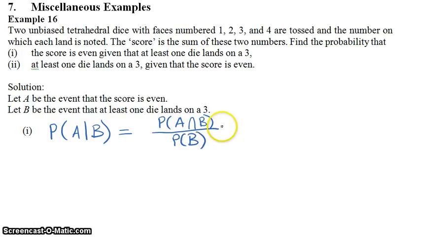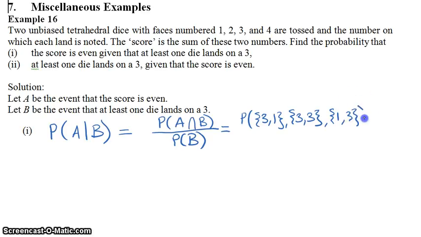So how do we calculate this? Well, the top line is going to be the probability that what happens? That we get either a 3 and a 1, or that we get a 3 and a 3, or that we get a 1 and a 3.